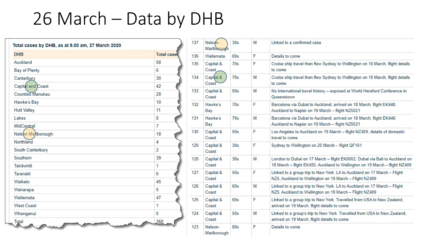For Capital and Coast, some used an ampersand and some used the word "and". Then we have special characters, the Maori macrons, the little dash across the A, that were in one table but not in the other. And I found about four different spellings of Hawke's Bay, with different characters used for the apostrophe.